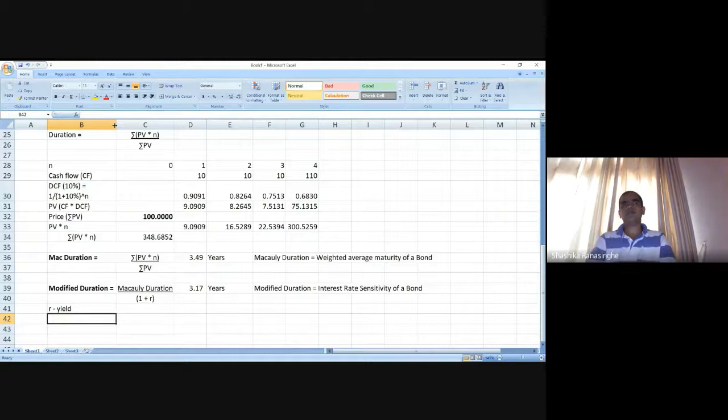What does that mean? When interest rates change by 1%, the price of this bond will change by 3.17%. For every 1% change in interest rates, the bond price will change by 3.17%. That is what modified duration measures.